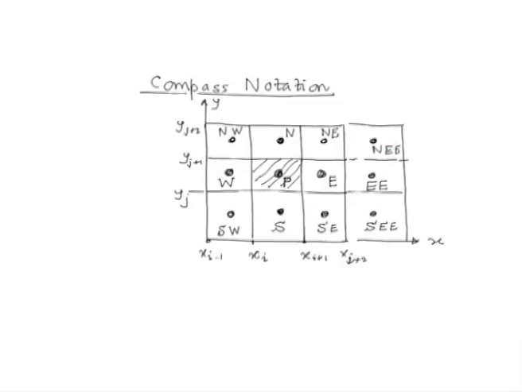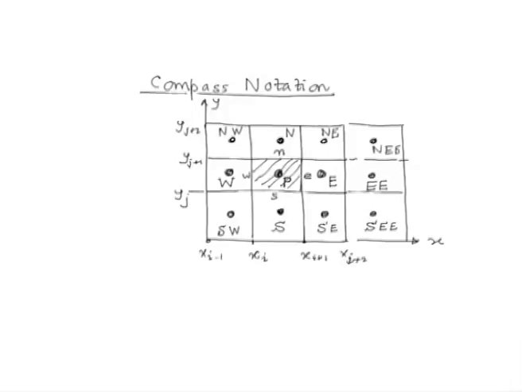Now let us have a look at the faces. The finite volume face between the nodes P and E, that is to the east of P, would be denoted by the symbol small e, small s, small w, small n, and so on. If we had a 3-dimensional case, the node towards the top would be represented by the symbol capital T, and the face between P and T would be denoted by the symbol small t, and so on.